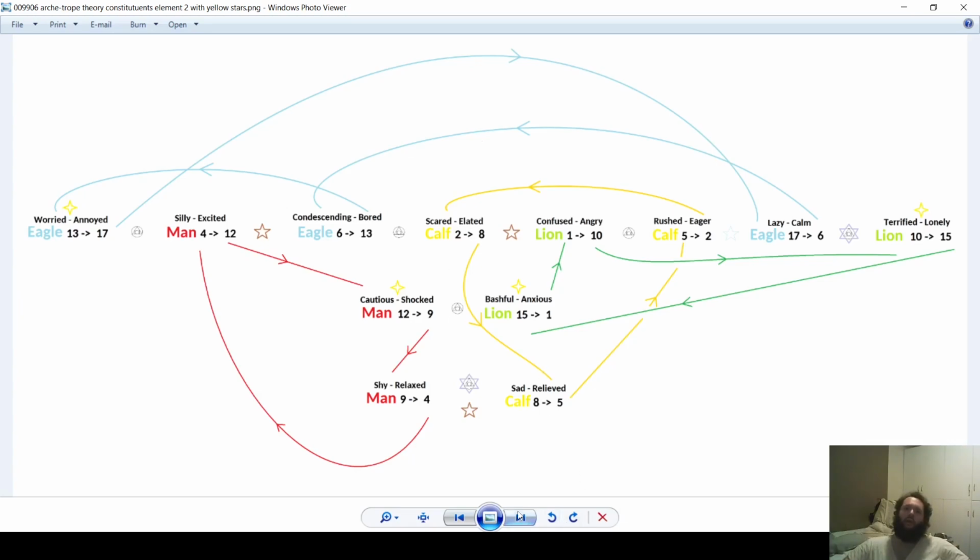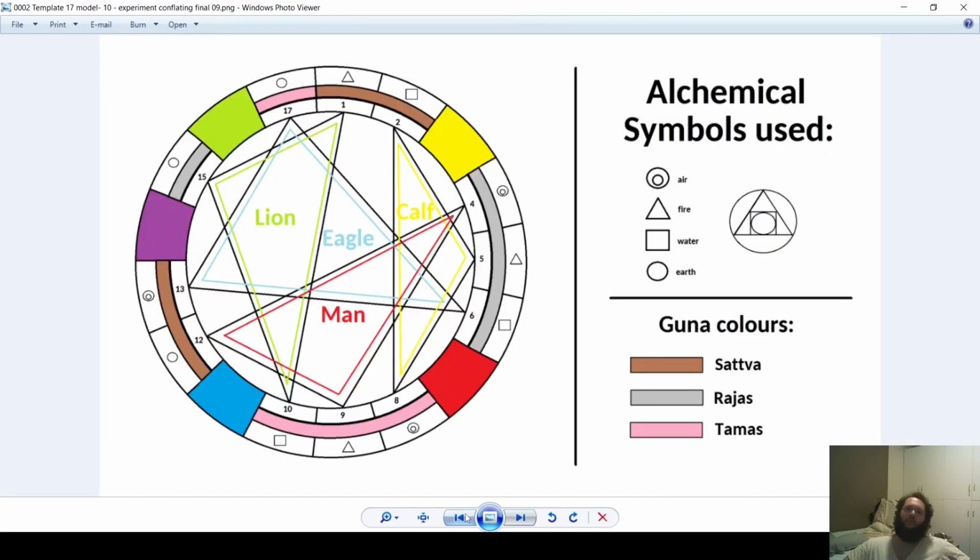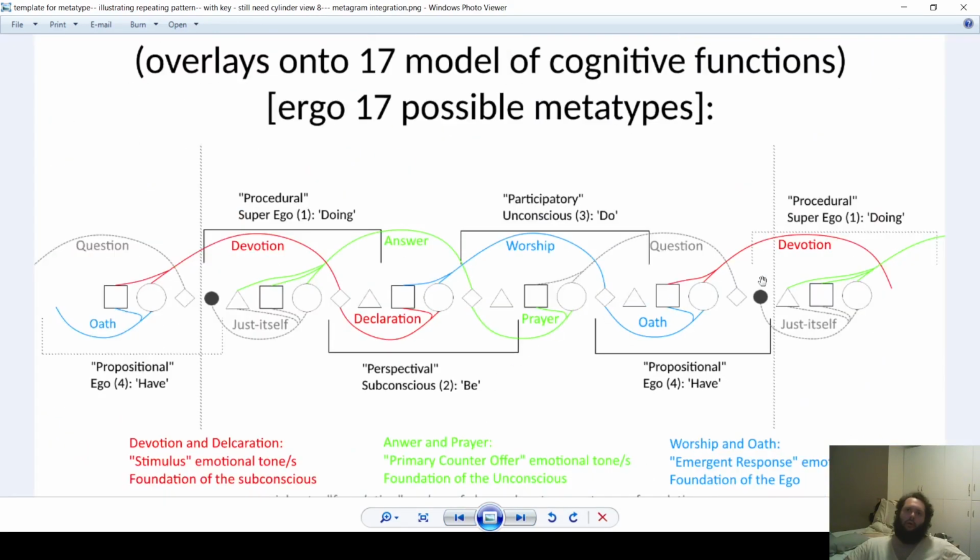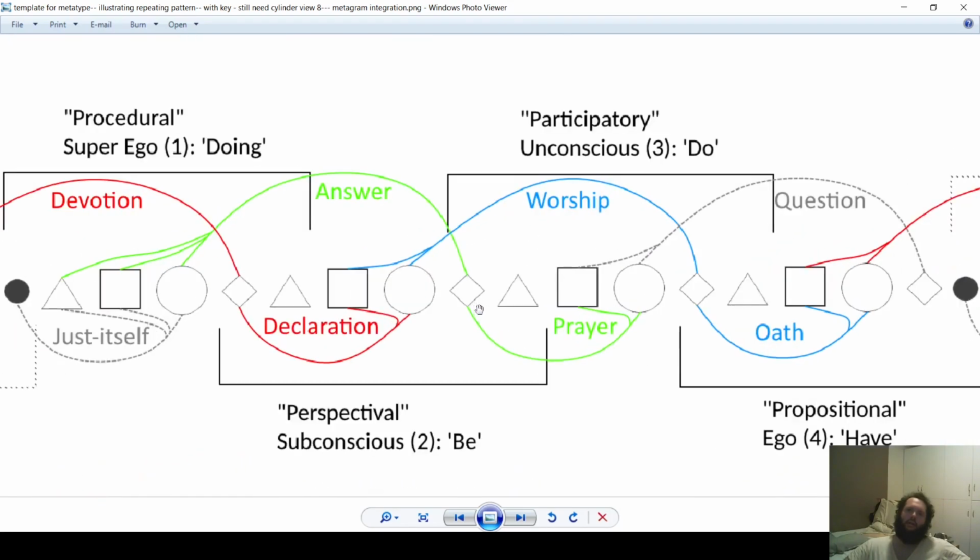transmutates between one another. Because of the false ego complex, we're going to have a very static metatype, and then we're going to pigeonhole ourselves further with metagram circuitry.